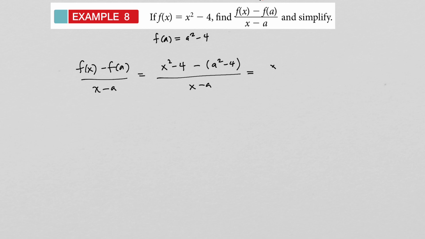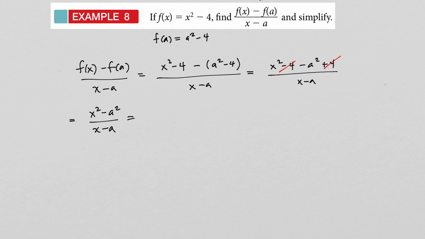Again, we can distribute the negative here, so we get negative a squared plus 4. And then notice that the negative 4 and positive 4 cancel out. So we end up with x squared minus a squared divided by x minus a.